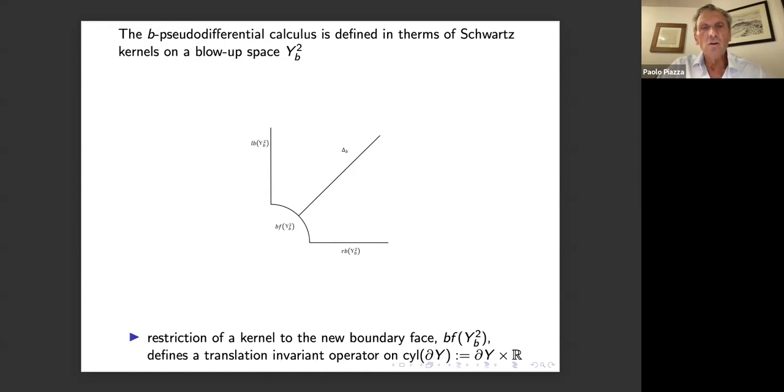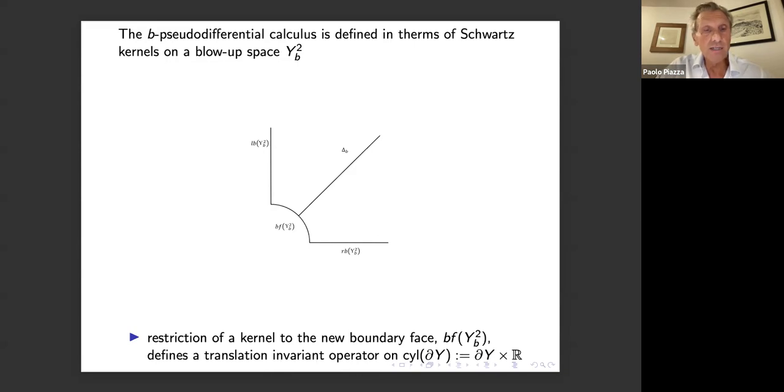Thank you. So the b-calculus is obtained by looking at kernels on this blown up space. I only explain the figure. What happens is that you have introduced a new boundary face in the product of your manifold Y with itself.